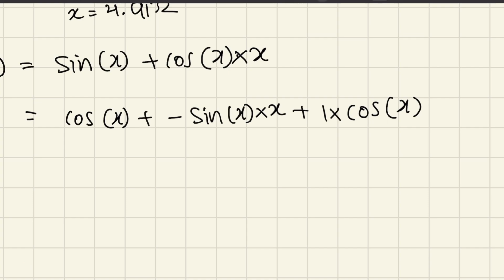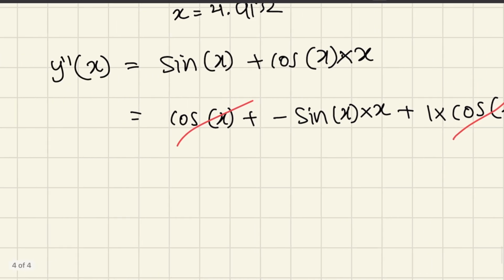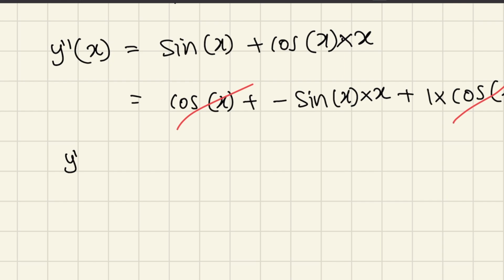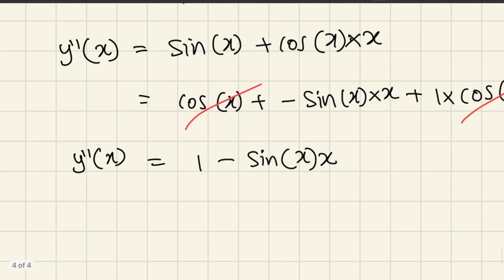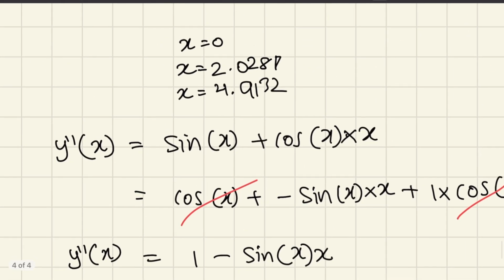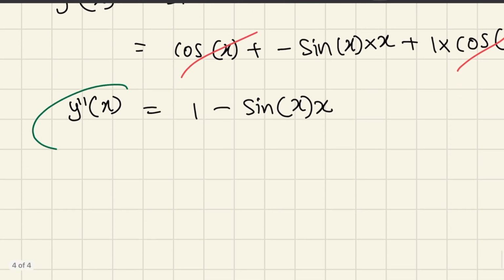Straight away we can see that we can cancel out the cosines. So the second derivative is just equal to 1 plus 1 minus sine x times x. Now what we want to do is input all of these x values into the second derivative.